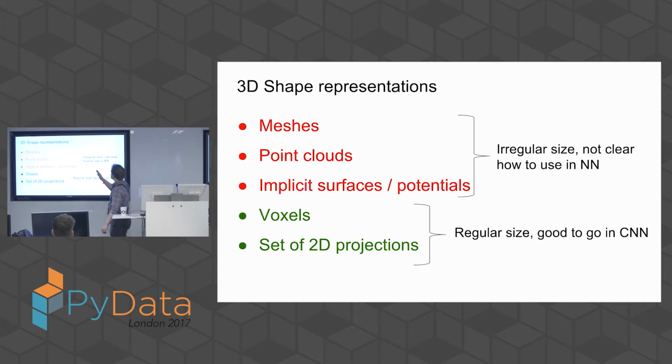The first three are really hard to fit into a neural network because of their irregular size. They have a spatial nature, which is usually better processed by convolutional neural networks, but they often have variable size, so it's not obvious how you put this data inside a network.